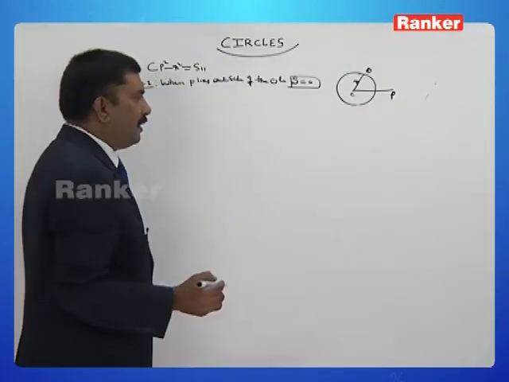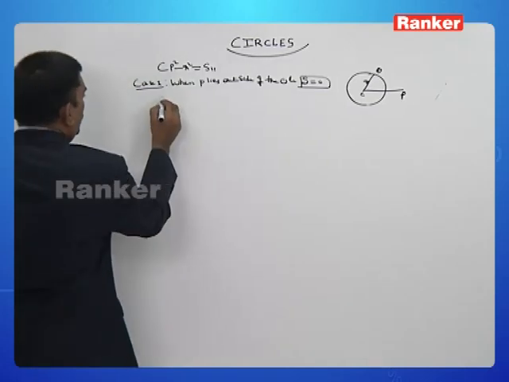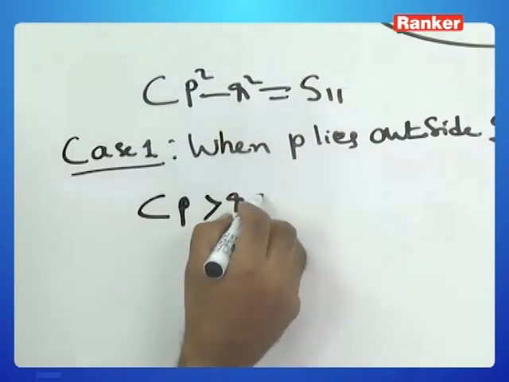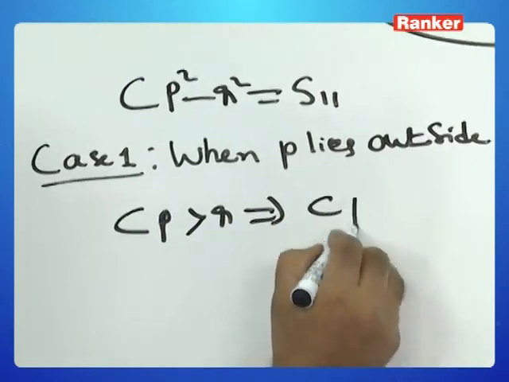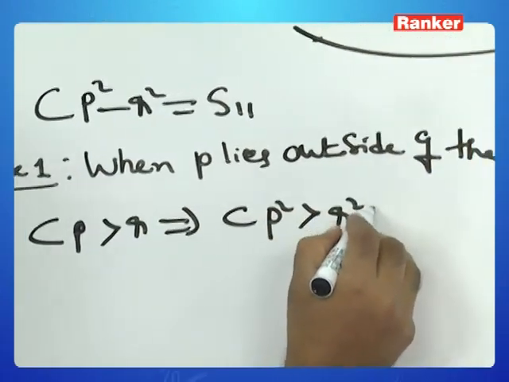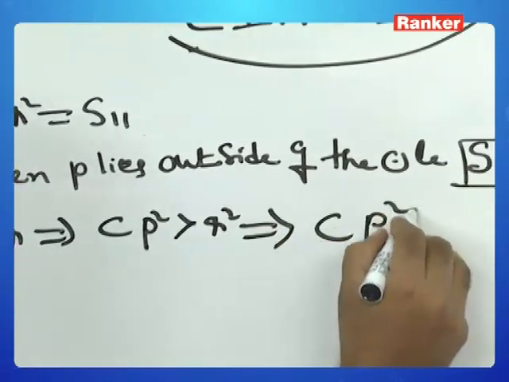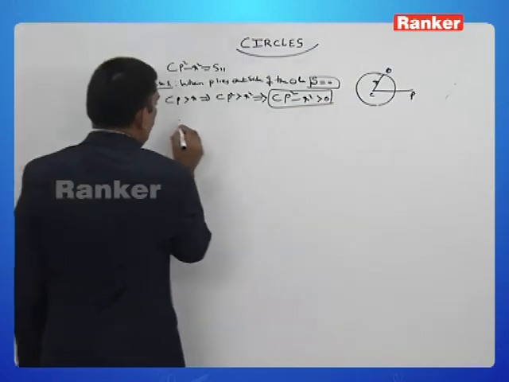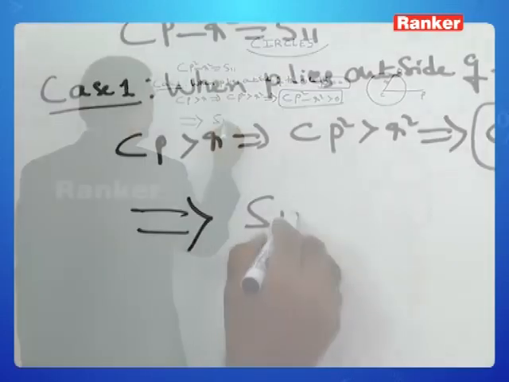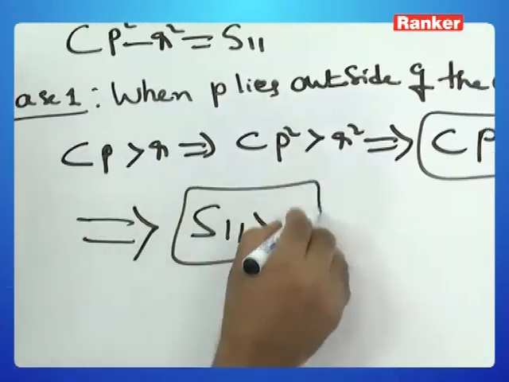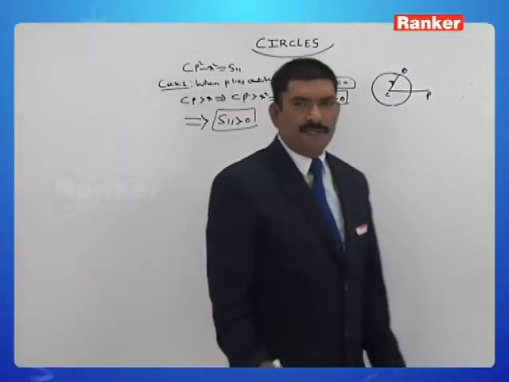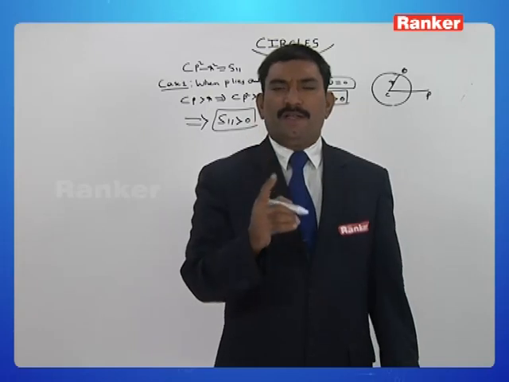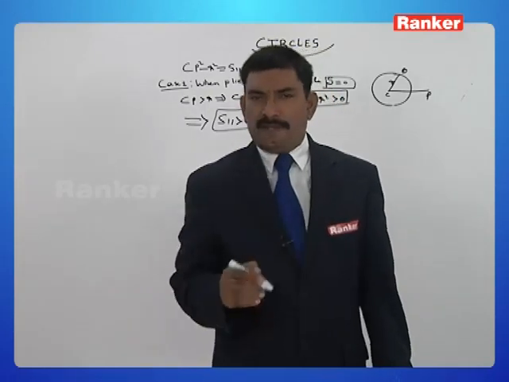You can very well observe here CP is greater than R, which implies CP square is greater than R square, so CP square minus R square is greater than 0, which implies S11 is greater than 0. It means that when the point P lies outside of the circle, S11 is greater than 0.